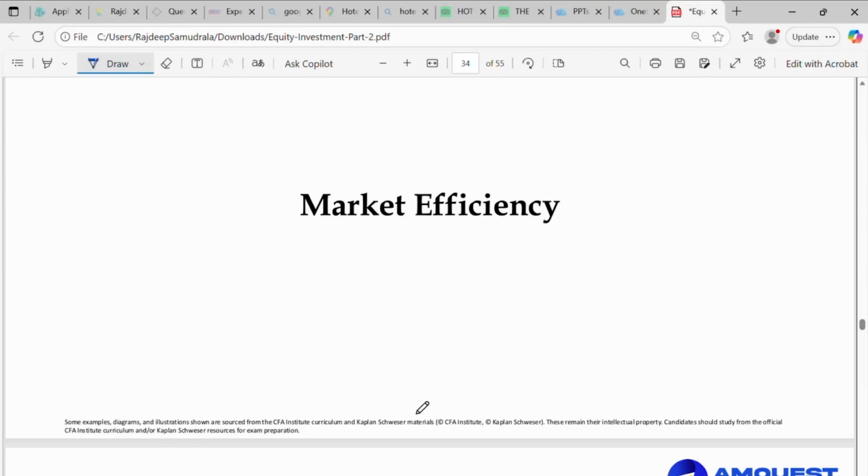Market efficiency, right? Now, the concept of market efficiency is all about how efficiently the markets are running and functioning. Basically, the financial markets should run in such a manner that all the information is reflected in the prices.